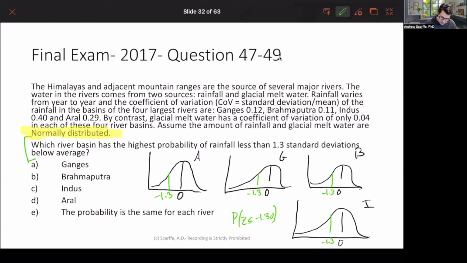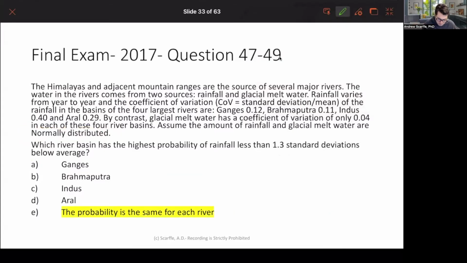Okay, so the key here is recognizing that negative 1.3 standard deviations below the mean is the same across all of these normally distributed variables. In this case, the variables are the river basins. So the probability is the same for each river.